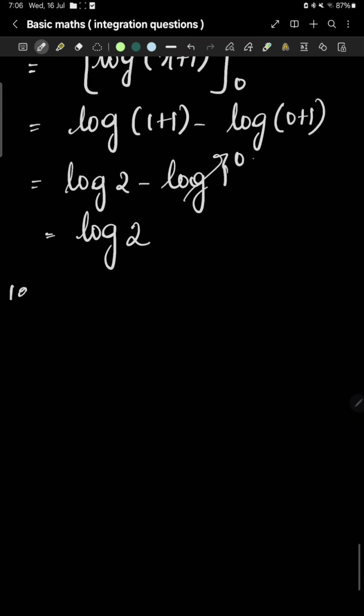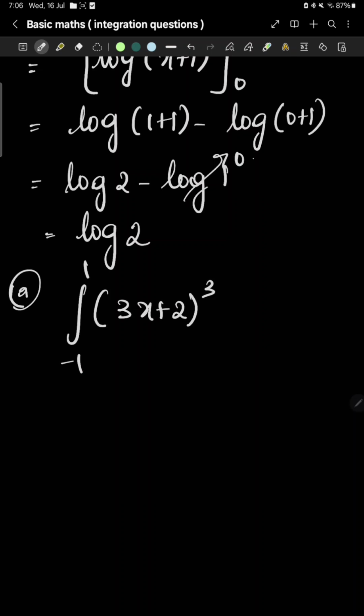And the 19th question is the integral from minus 1 to 1 of 3x plus 2 the whole cube into dx. The same formula, x power n formula.